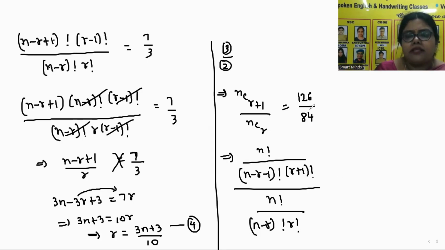Now if we cancel by the 2 table, we will get 42 here and 63 here. Then again by the 3 table, 14 and 21. Then again by the 7 table, 7 2s are 14, 7 3s are 21. So we got it as 3 by 2.